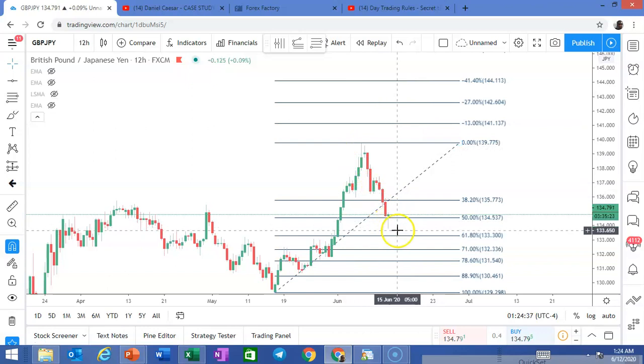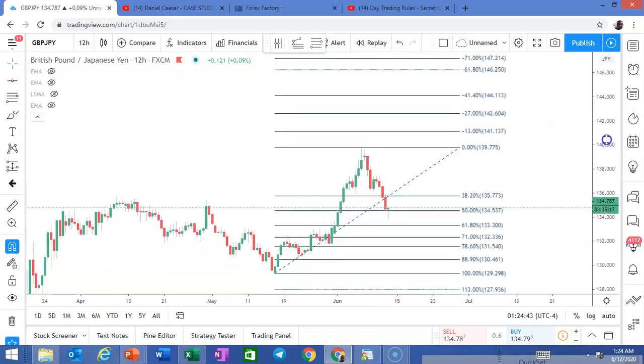If the pair were to retrace to the 61 level, unless otherwise indicated, it's more than likely that after it makes that retracement, it will take an impulsive move, or it will continue on to the 61 level.